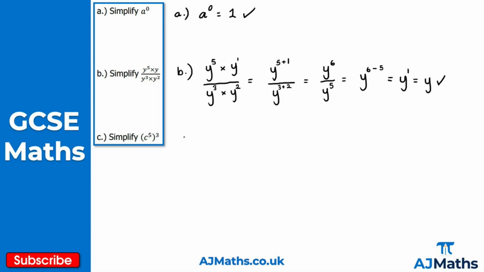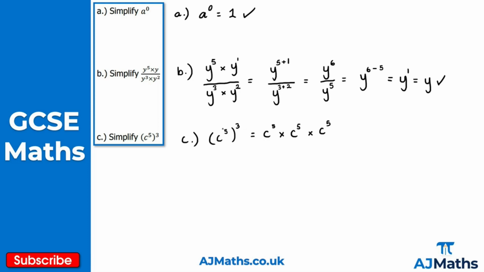And then finally, c. We're asked to simplify c to the power of 5, and that's all raised to the power of 3. So again, you can think about this as multiplication. What I've got here is c to the power of 5 times c to the power of 5 times c to the power of 5. That's what this bracket with a power raised to another power is stating.